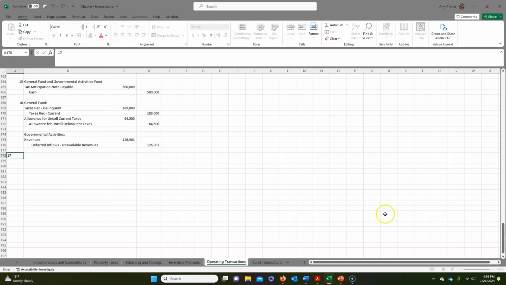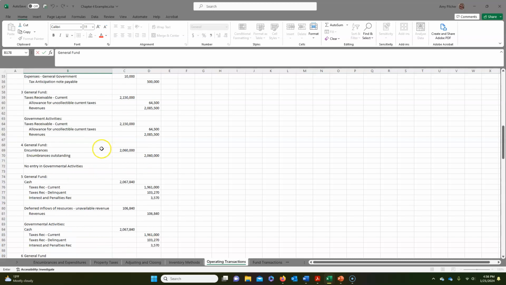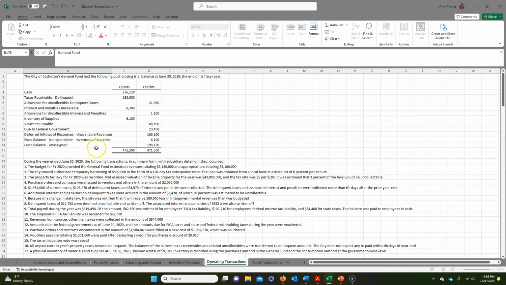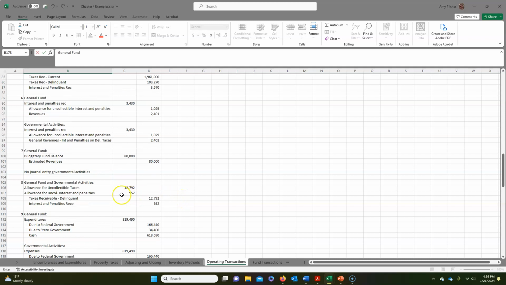Okay, so we're going to record the general fund. If you look at the amount of supplies we have, you'll see we have 6,100, but it showed we had 9,100, so we're going to do a $3,000 adjustment.